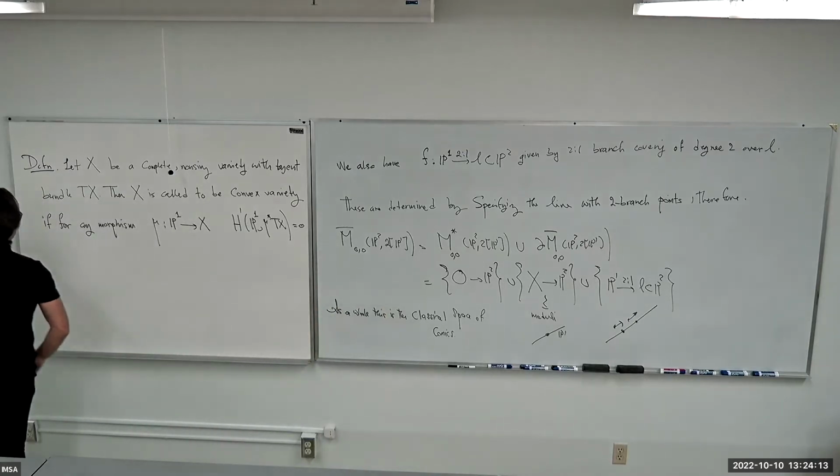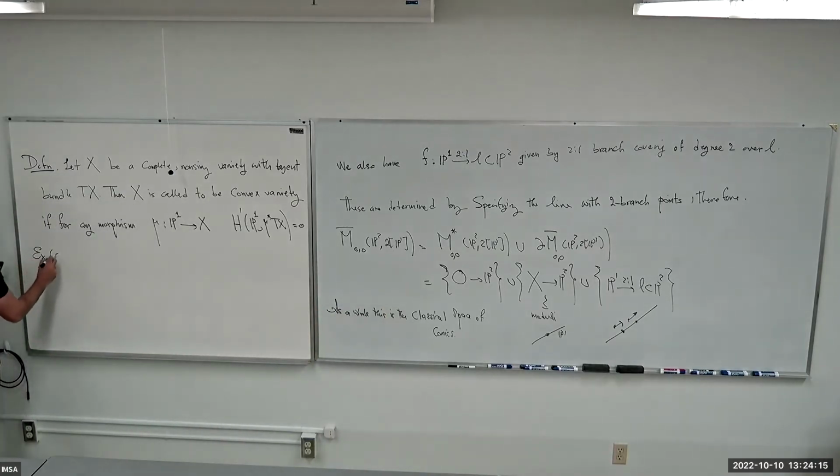Okay, so what are examples of convex varieties?